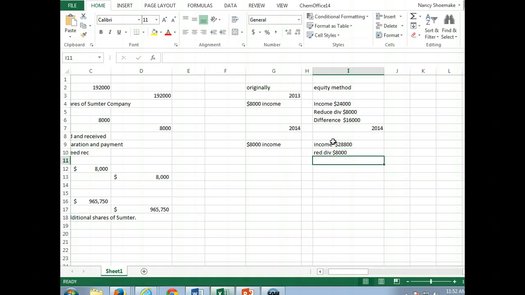And we should have new income, difference of 20,800, right? Yep. So, really, we need to adjust our investment account by 16,000 and by 20,000. So 36,800 needs to be adjusted, and we need to show a journal entry to add that to our investment, right?